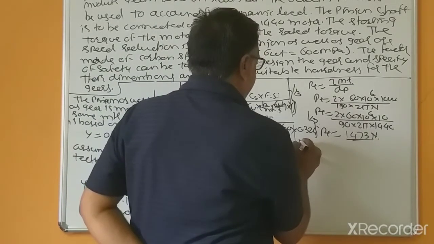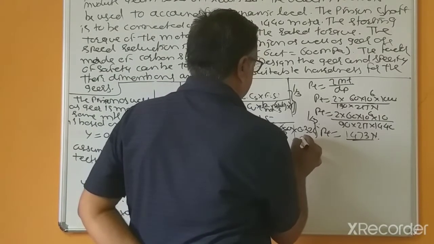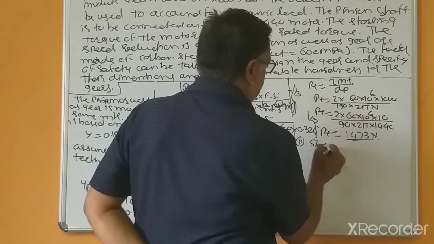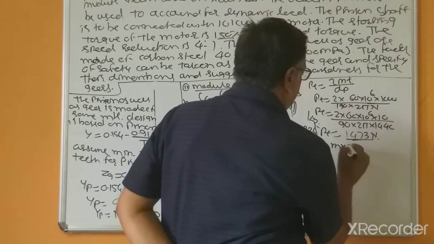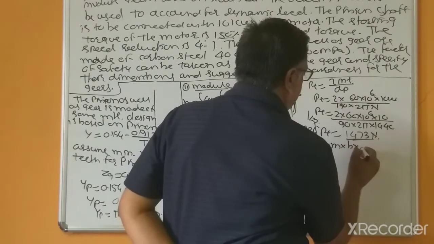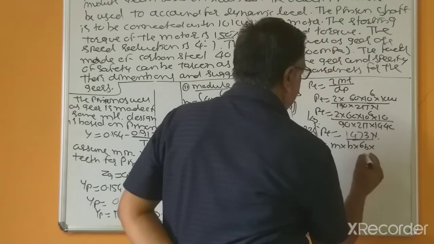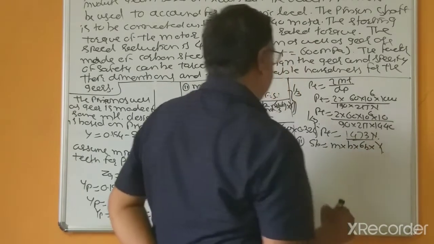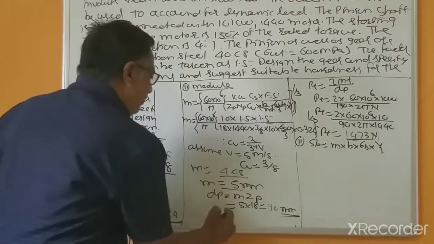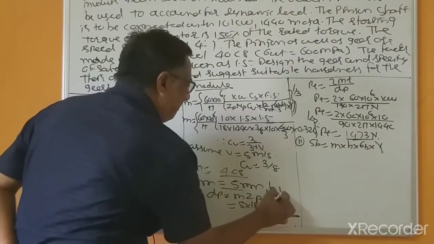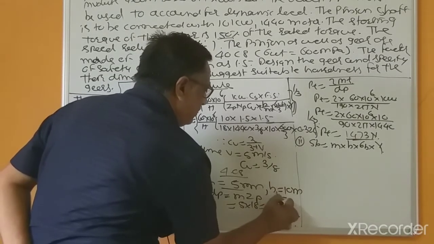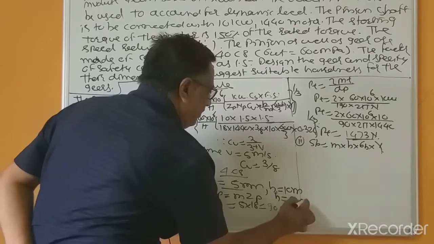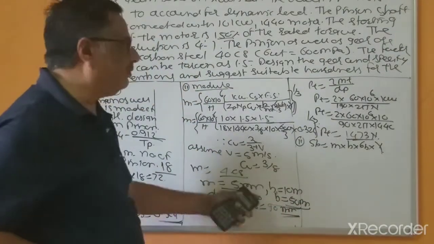So that's why now effective loads, or this beam strength equal to, what is the formula? m into b into sigma b multiplied by Y. Here b equal to 10 m, means b equal to 50 mm, face width. This is also important.